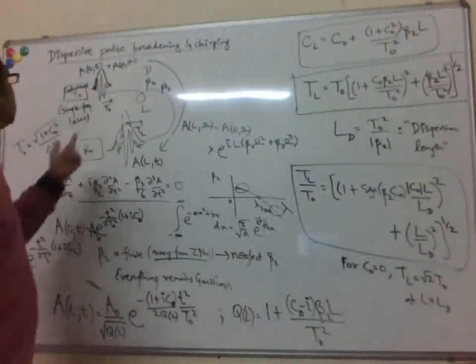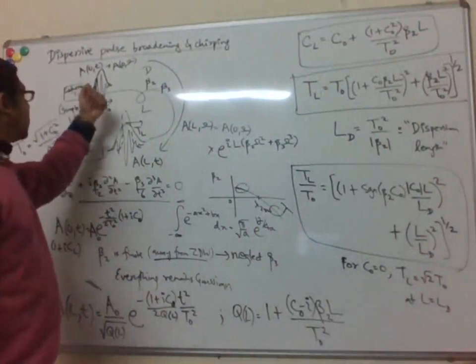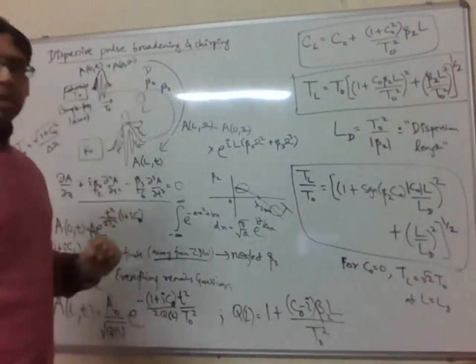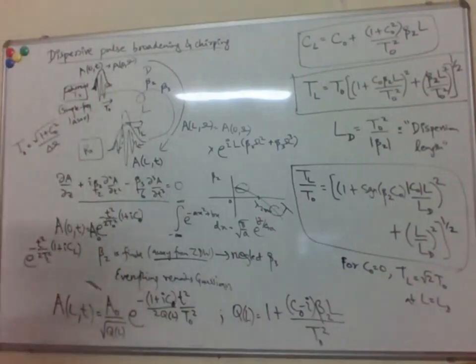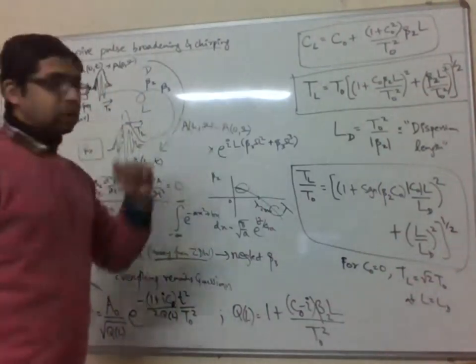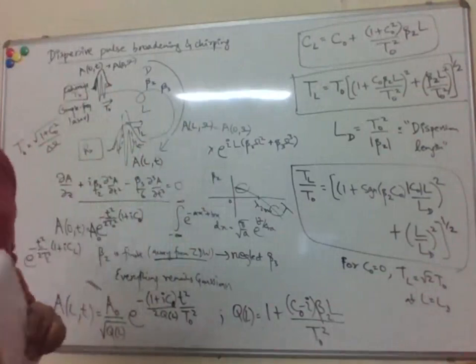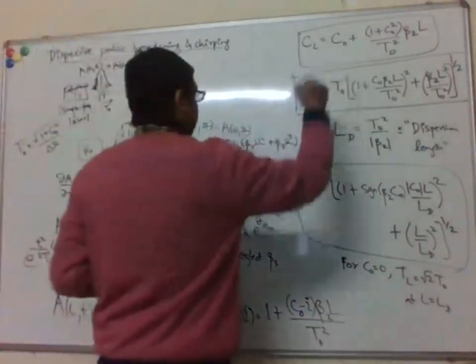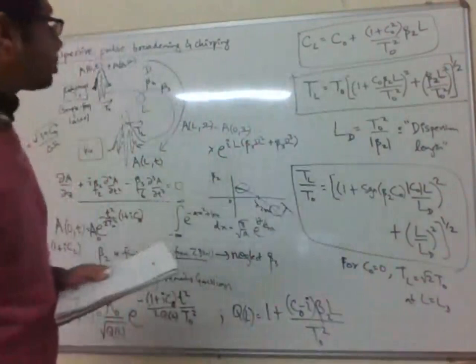But if you have designed the pulse such that your initial chirp is opposite to the chirp introduced by the fiber, then you can actually get pulse compression for up to some length. So you can calculate from here.